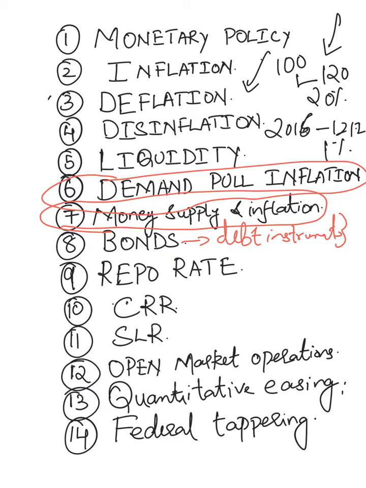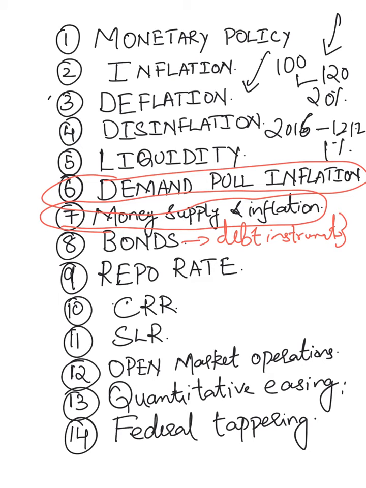Why is a bond called a debt instrument? Because these are issued by companies or government or entities to raise money from the market, and therefore bonds are called debt instruments. Let's take a simple example where I am the company and I've decided to issue bonds because I've decided to raise money from the market. So I've issued these papers in the market. There are investors who have purchased these bonds, giving me money.